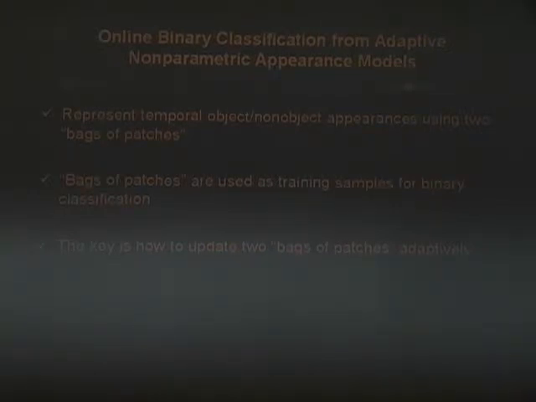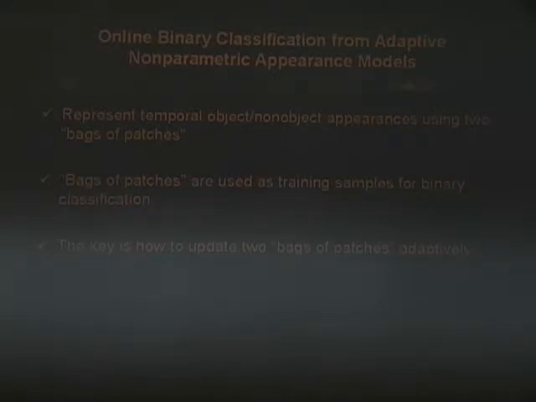We then just use this bag of patches as a standard training set for binary classification. We determine which is foreground or background, object or non-object. But we do not have a hard decision. All my decisions are continuous.